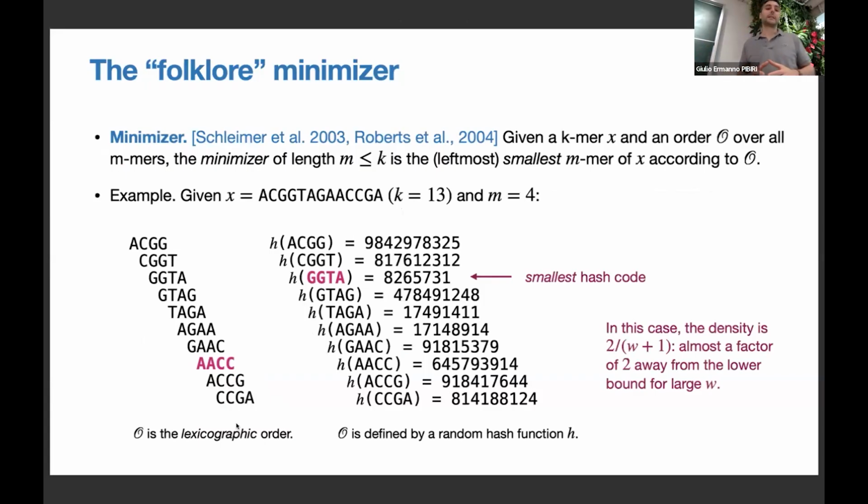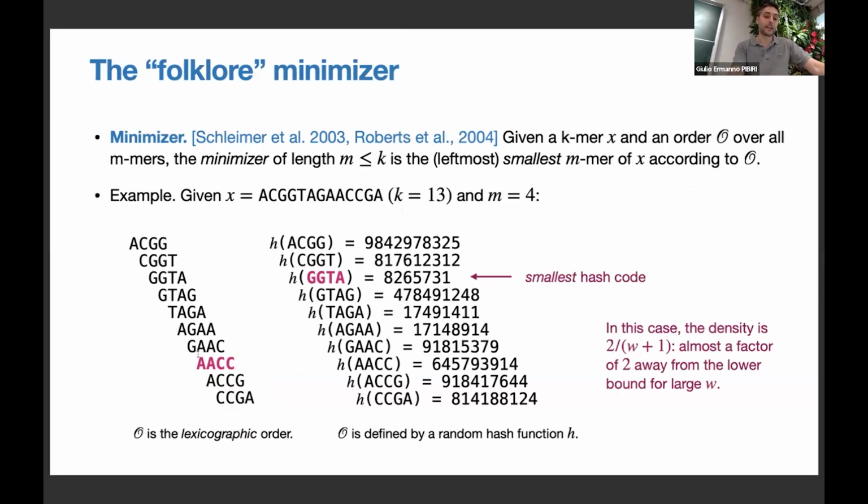So let's finally see a simple logic to select a hammer as the minimizer. Well, perhaps the simplest thing to do is to fix an order over the hammers. For example, you would immediately say, let's look at the lexicographic order because it's very easy to see.